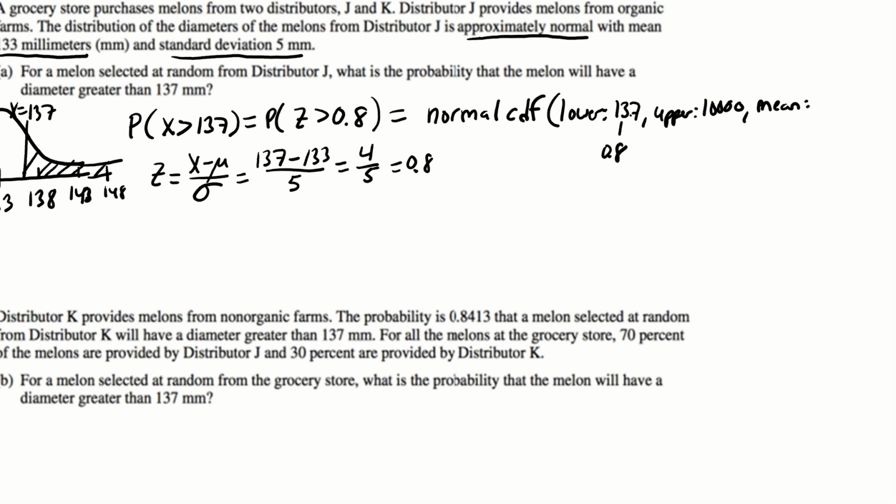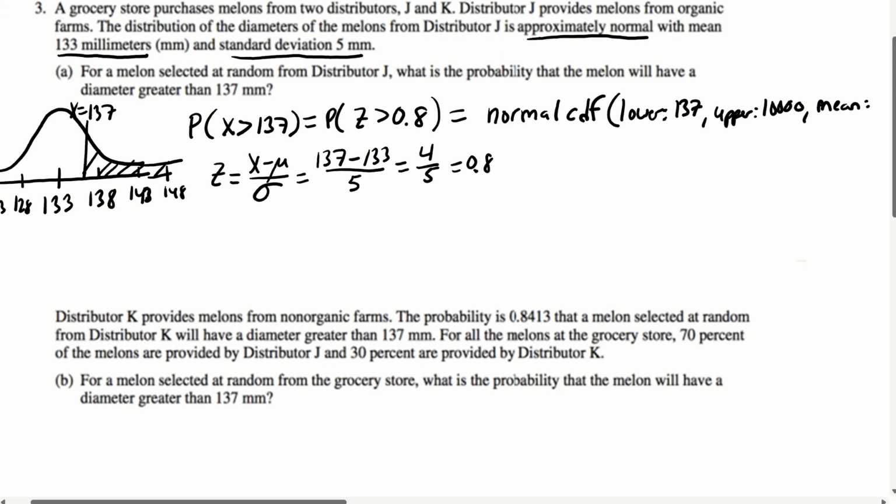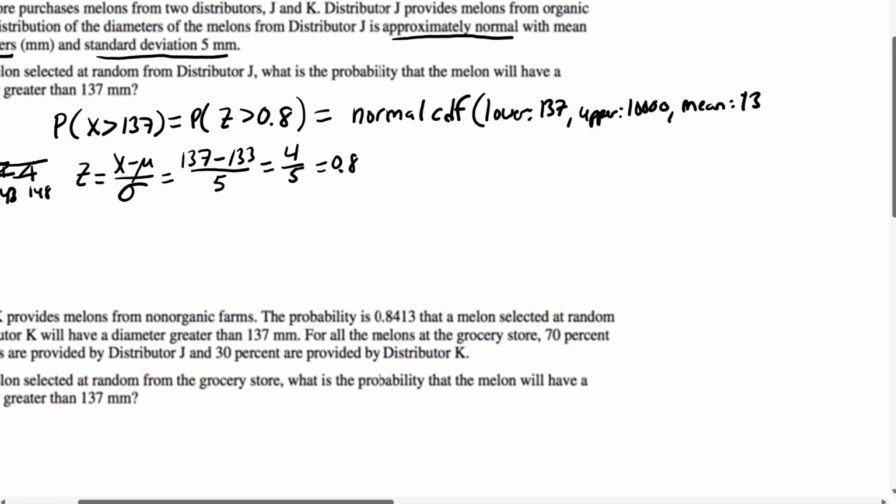So I'm going to put two possible options. You can put 137, that's not 13.7, that's 137, and then in that case you would have to put a mean of 133 and standard deviation of 5. Or you can use normal CDF.